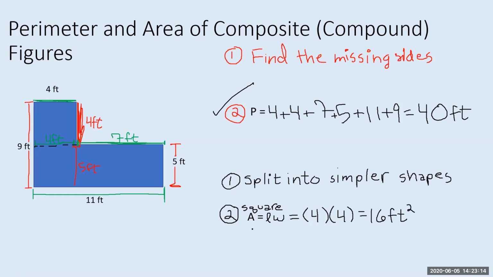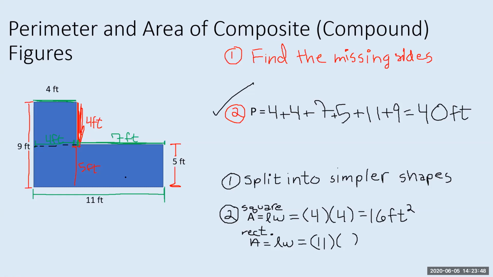Okay, now on to the rectangle. I'm not going to write out the whole word because it's long, but we're going to do the rectangle next. So for a rectangle, again, same formula, area equals length times width. So for this rectangle, it is 11 feet long.